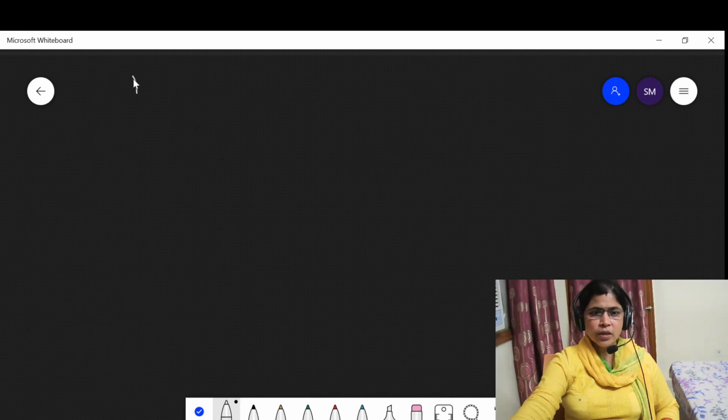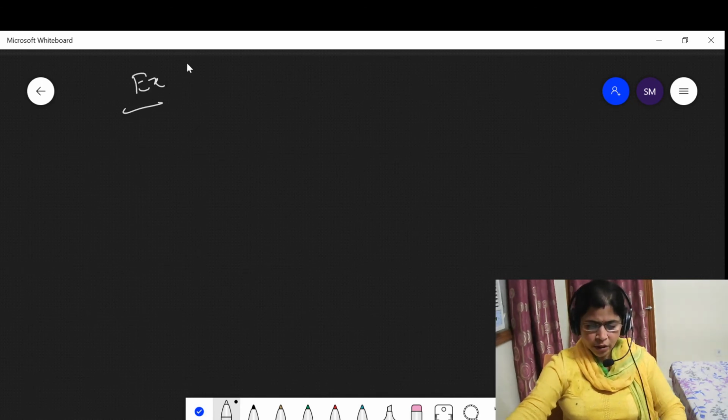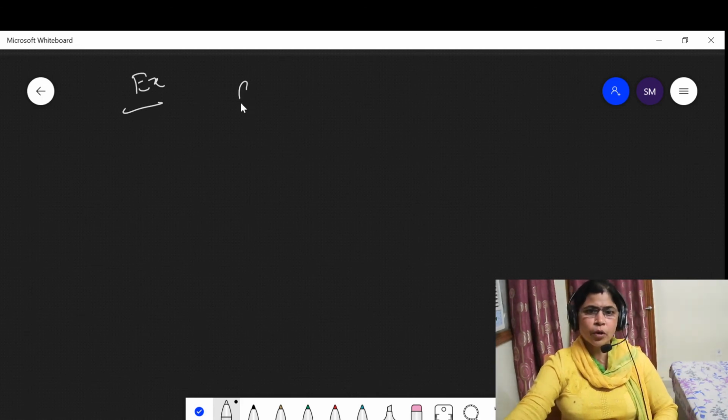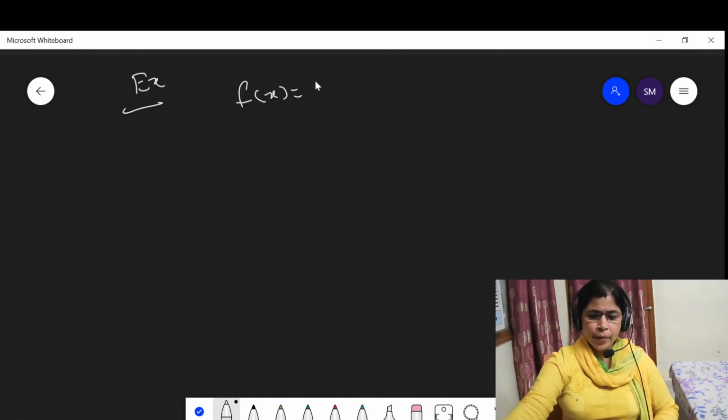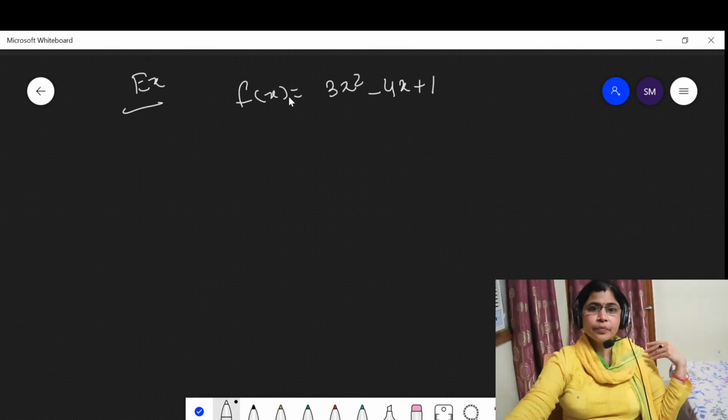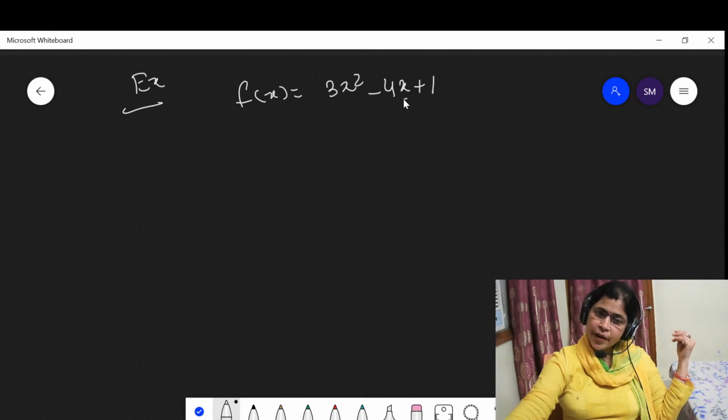Here the question says that if alpha beta are zeros of this polynomial, here the polynomial is given f(x) is equal to 3x square minus 4x plus 1, find a quadratic polynomial whose zeros are alpha square upon beta and beta square upon alpha. Here the polynomial is given here.